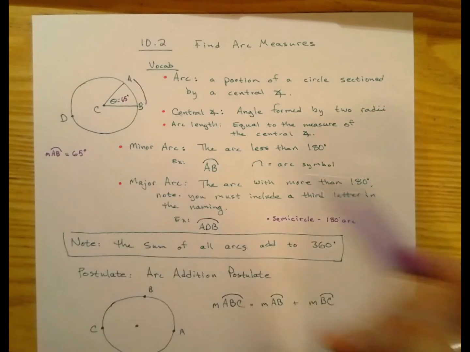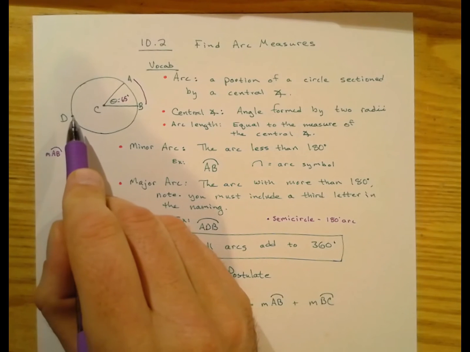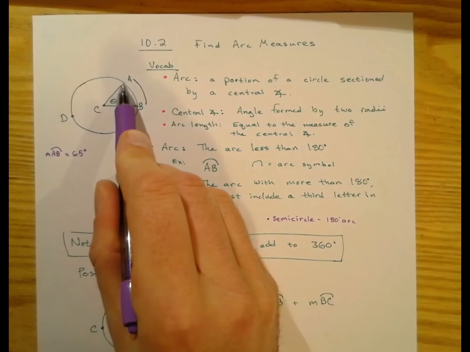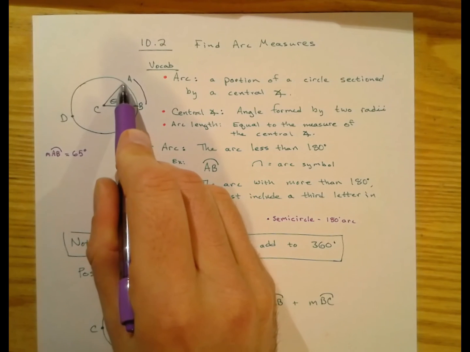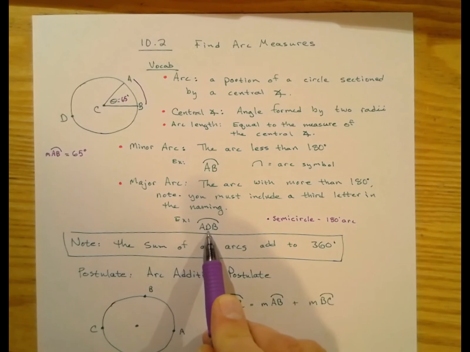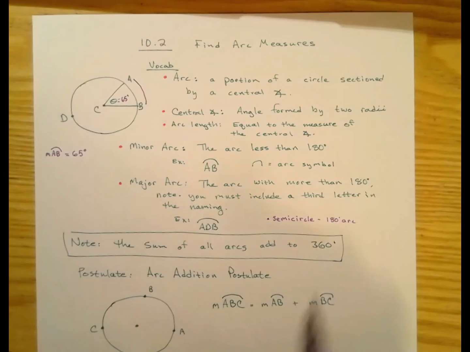Now, with a major arc, you are going to need a third point somewhere on the major arc that you'll go through to get from the starting point A to the ending point B. So we're going to use a 3-letter naming convention for major arcs versus minor arcs, where we'll just see 2 letters.